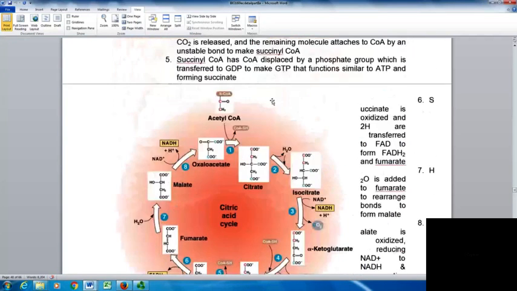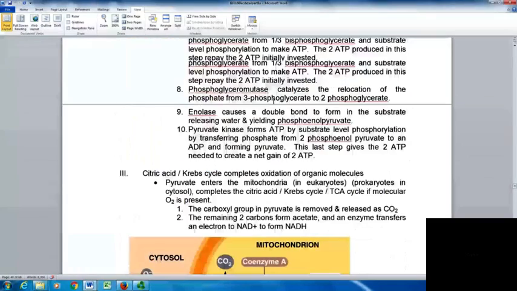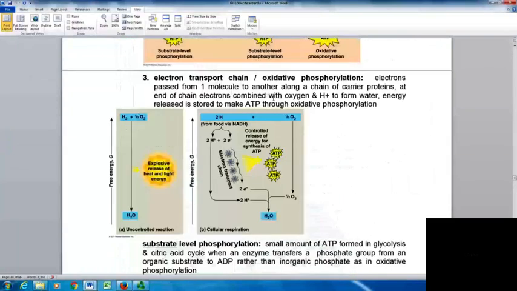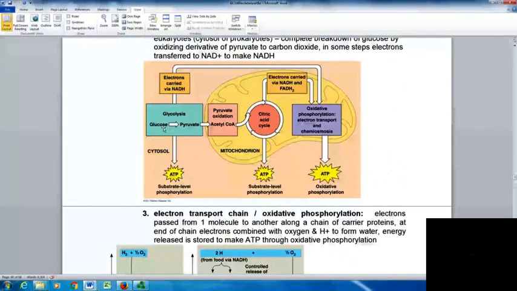So where we are in this big picture, if we come back up here, we've looked at glycolysis, how you take the pyruvate and convert it into acetyl-CoA, and the acetyl-CoA is going to come into the citric acid cycle. We've seen where we produce the ATP through substrate level phosphorylation and glycolysis.